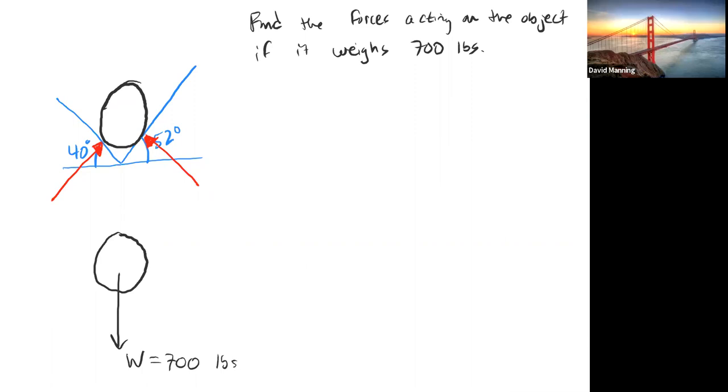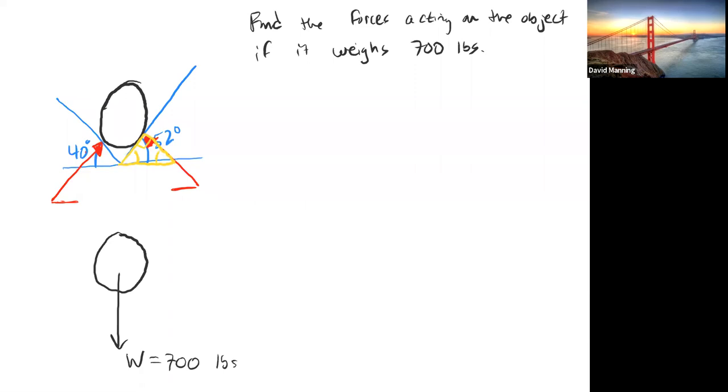Now look at the angles they make, right? They don't make 40. This angle here is not 40, and this angle is not 52. Those aren't the angles. Notice this is 52, and we got our little triangle. Let me do this in yellow. We have this little triangle here. We know this angle is 52. This is perpendicular, so that's a right triangle.